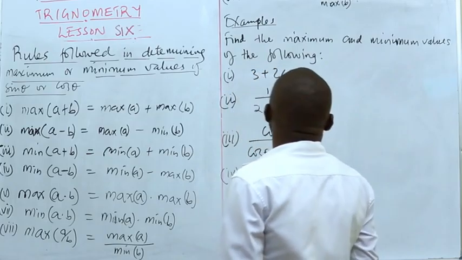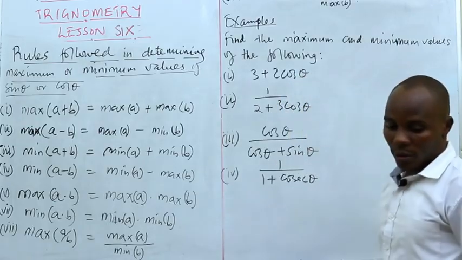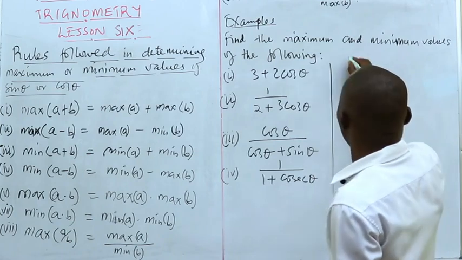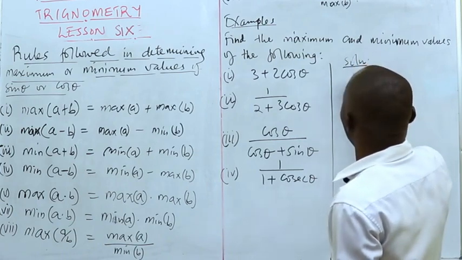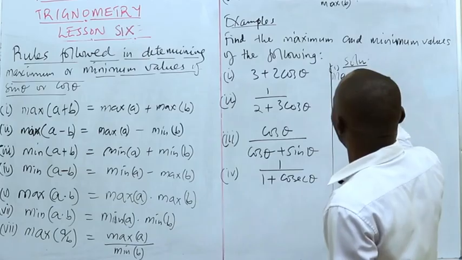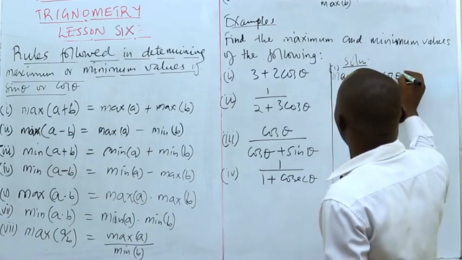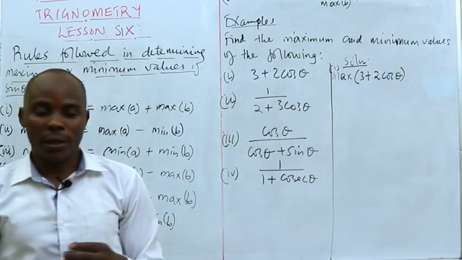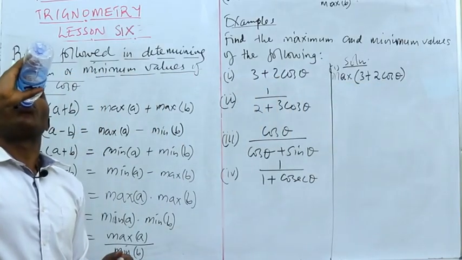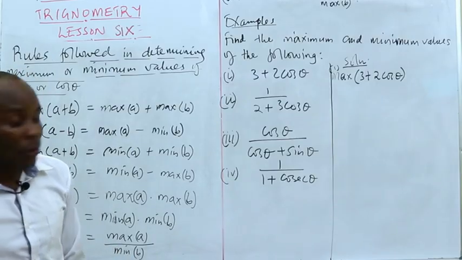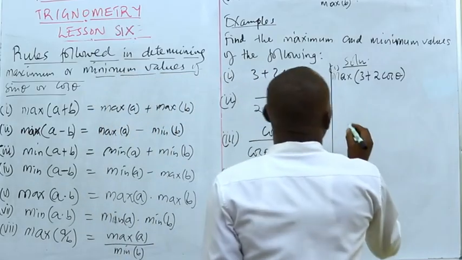So I want to look at the solution. Starting with the maximum, Roman 1, of 3 plus 2 cos theta.